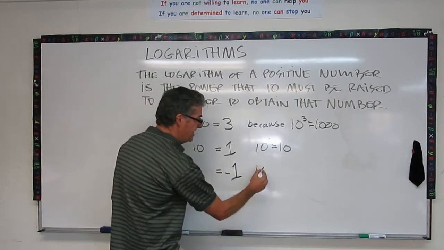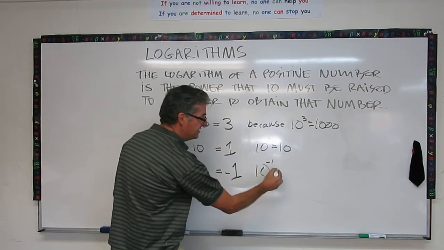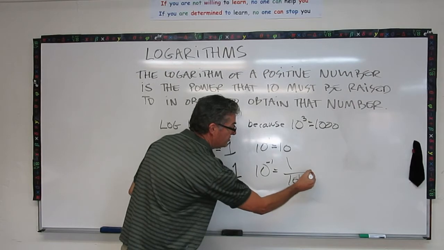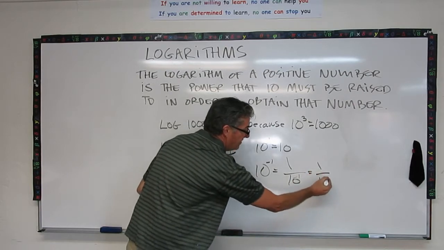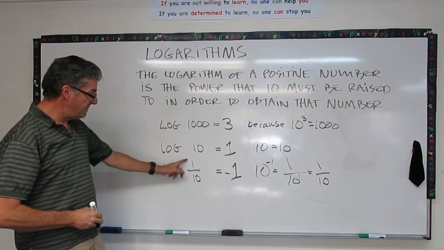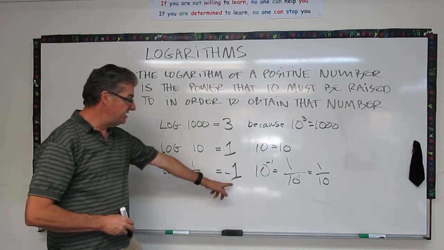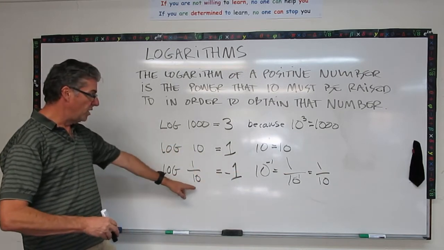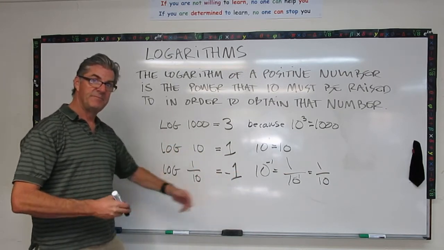Because 10 to the -1 is the same as 1 over 10 to the 1, which is 1/10. So this last question means what power of 10 makes 1/10? And that's 10 to the -1 power will make 1/10. So log of 1/10 is -1.